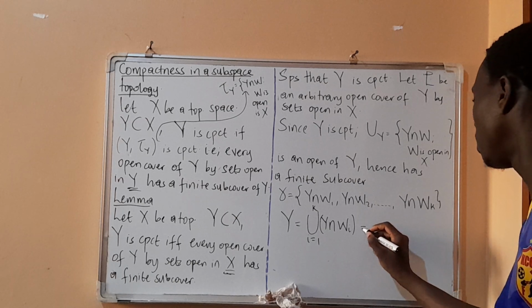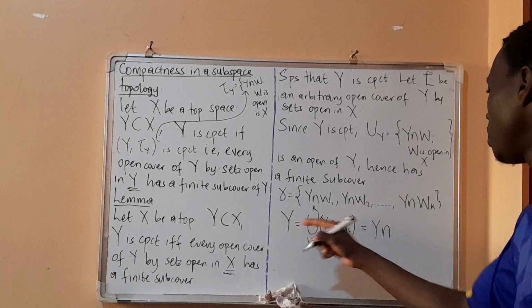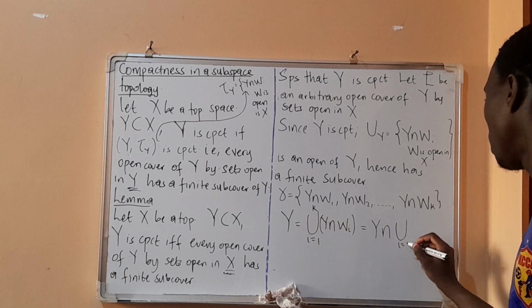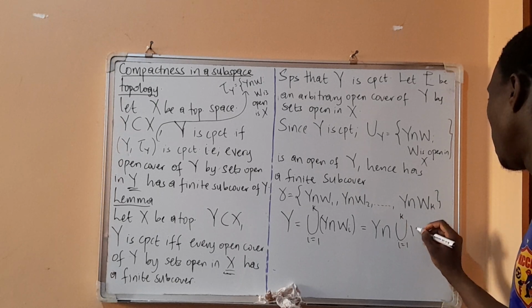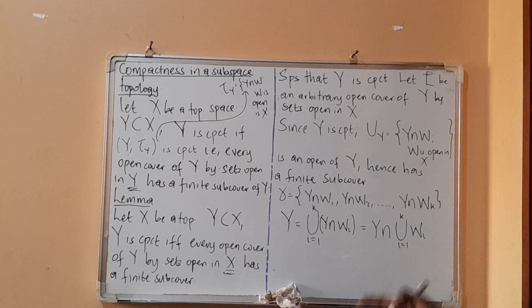Now this is equal to Y intersection, I can put this Y outside, Y intersection the union of Wi, i equals 1 up to k. So we have Y equal to this intersection.